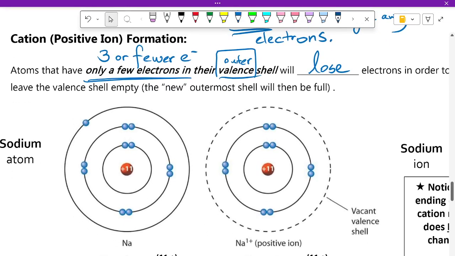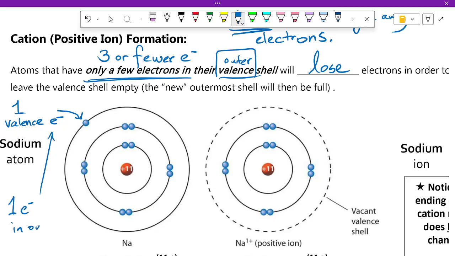So if we have, for example, sodium, sodium has one valence electron. That means one electron in the outer shell. Its atomic number is 11, so it has 11 protons.